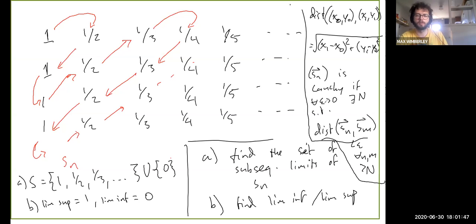You can also define convergence differently, but if we were to say a convergent sequence is a Cauchy sequence or something, then you can prove the Bolzano-Weierstrass theorem for these kinds of sequences, and you can say any bounded sequence in the plane, meaning any sequence that stays within some circle, if you can find a big radius such that the sequence is bounded within that radius around the origin, then it has to have a Cauchy subsequence or a convergent subsequence. Yeah.